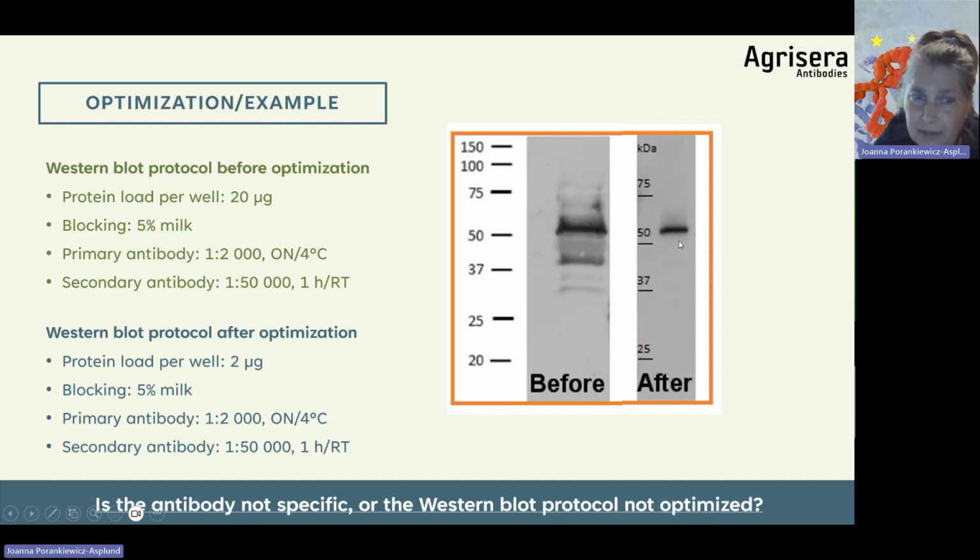As you see here, the only change was using 10 times less protein load per well. So this has to be optimized for each protein antibody pair. You cannot use one protocol for all protein antibody pairs. This antibody was quite strong, so lowering protein load per well eliminated the background bands.